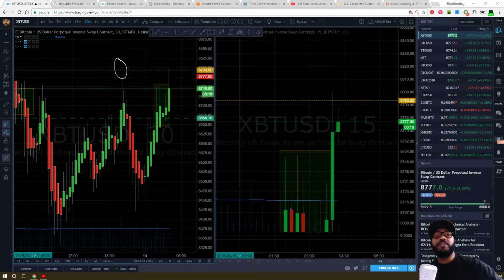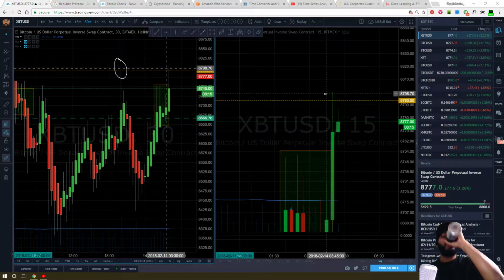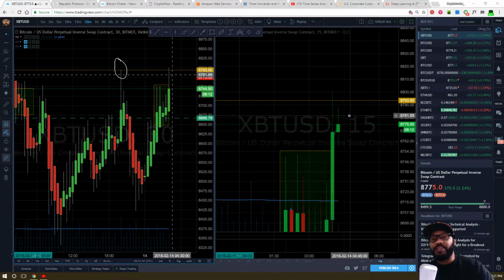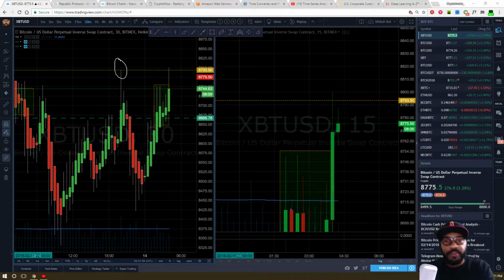We're watching this price. We're trying to see if it breaks out. That's the only reason why I'm recording, actually. So I'm going to put this in the description, in the title: trying to see if price breaks out above 8,793.